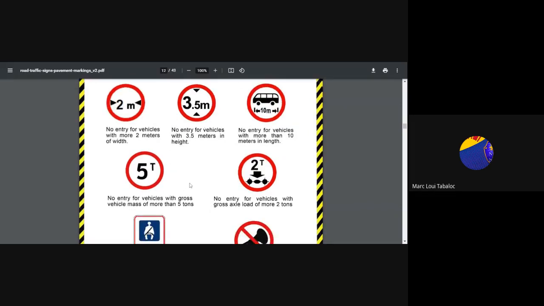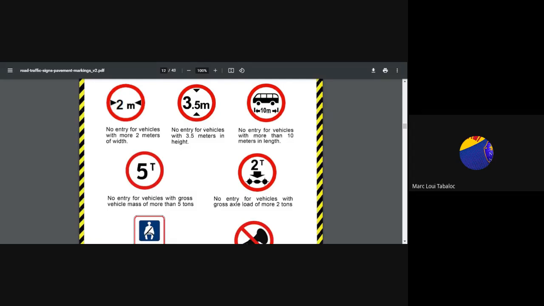It means maximum of 5 tons lang na total weight ng isang vehicle ang pwedeng mag-enter or would approach that roadway. Commonly, ito ay nakikita before bridges or flyovers. And also to inform road users na kung sobra ang bigat ng vehicle nila, it might somehow damage the bridge or the flyover.